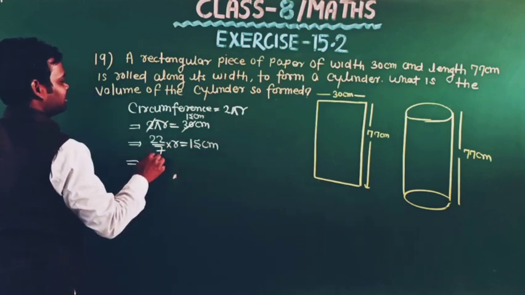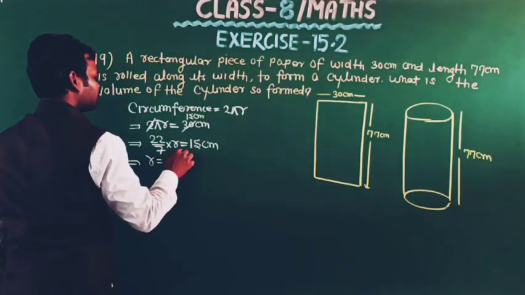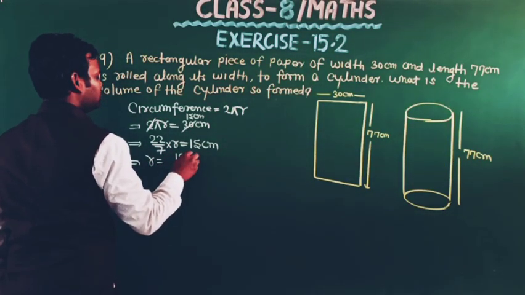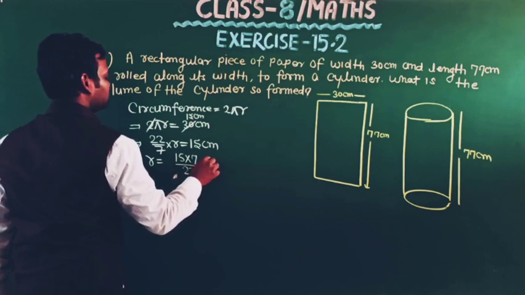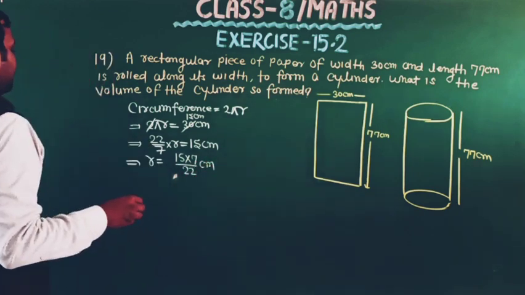This implies r equals 15 into 7 by 22 centimeter.